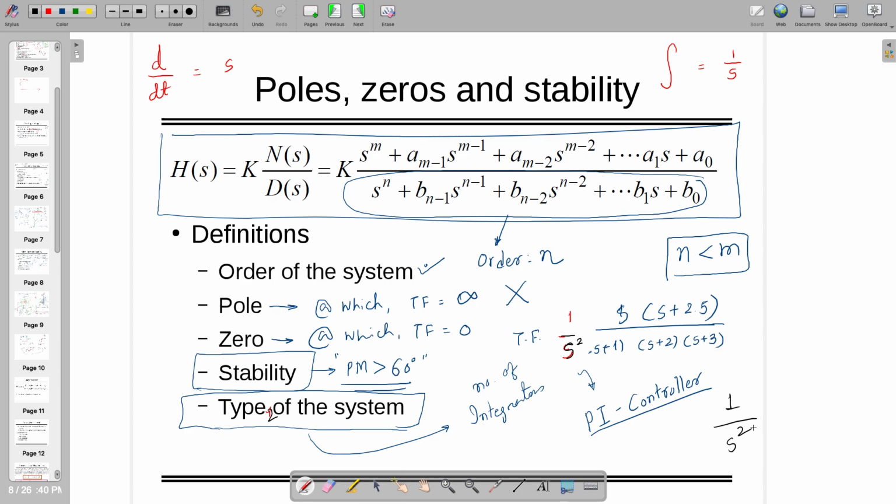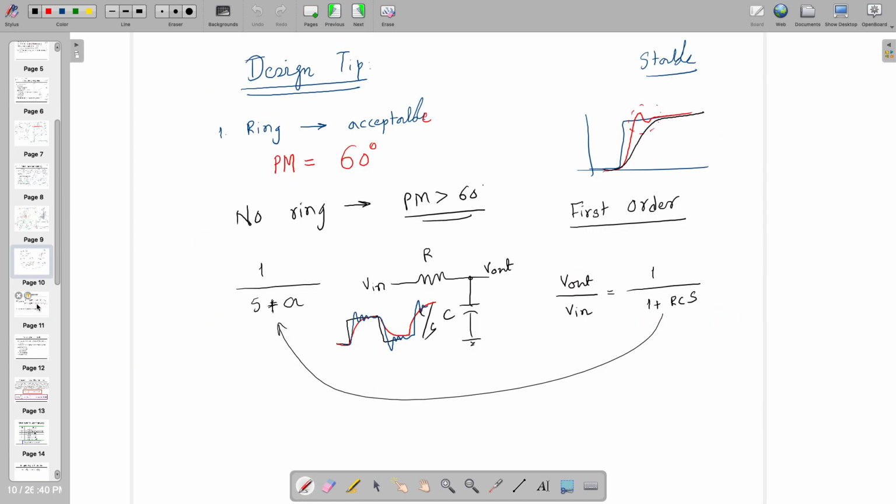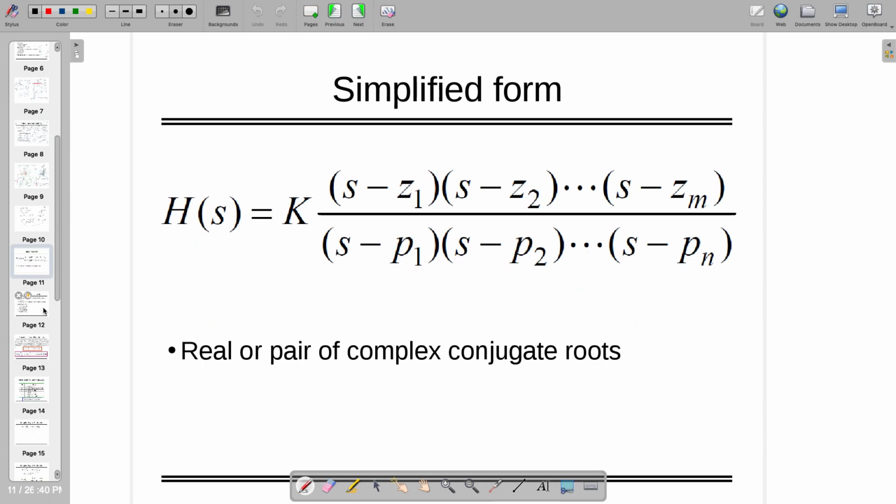So any doubt in all these terms? Okay, so if you agree with all these, one more thing: this simplified form, where I am taking all these things from, is also kept on Moodle, right?